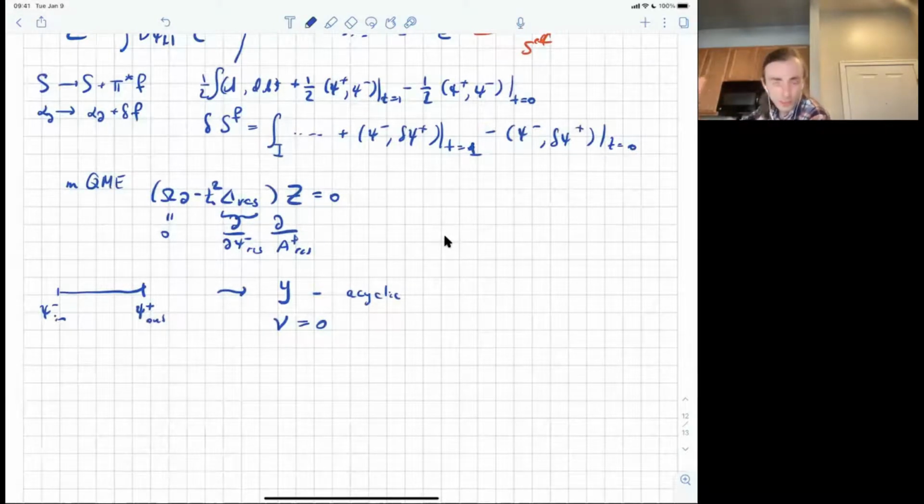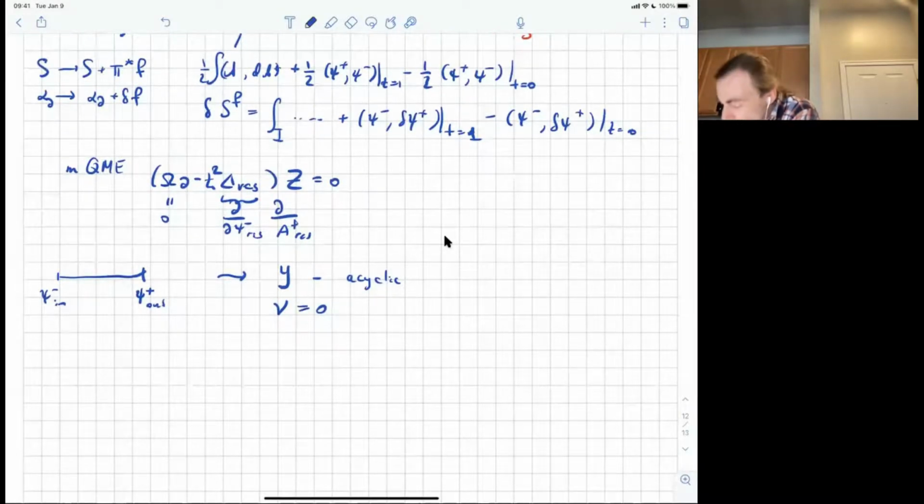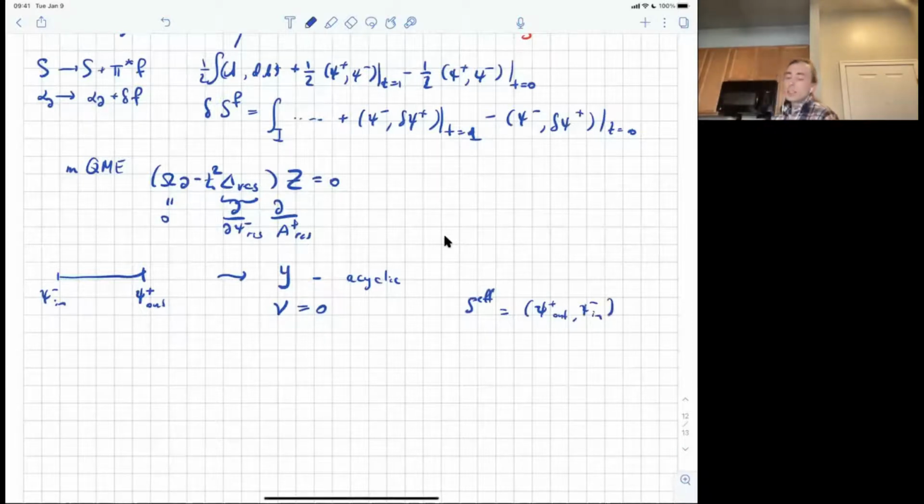Generally, you can choose any deformation retract of Y to be a space of residual fields. But for this smallest possible choice, the effective action is just psi plus out paired with psi plus in. But this is just to illustrate a phenomenon: the smallest space of residual fields depends on the transversality properties of your two polarizations at the in and out boundary.